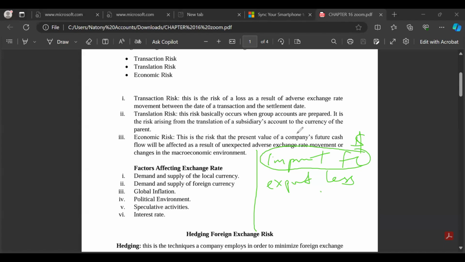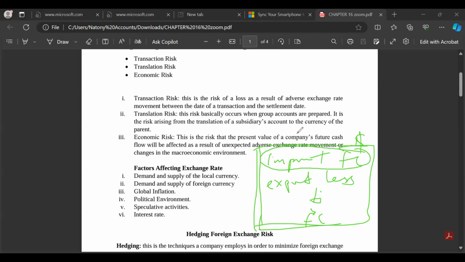When you export, your export gives you foreign currency. But if a company does not export as much as it imports, then the company will have a deficit balance of payments, and that will result in the company needing more of the foreign currency.